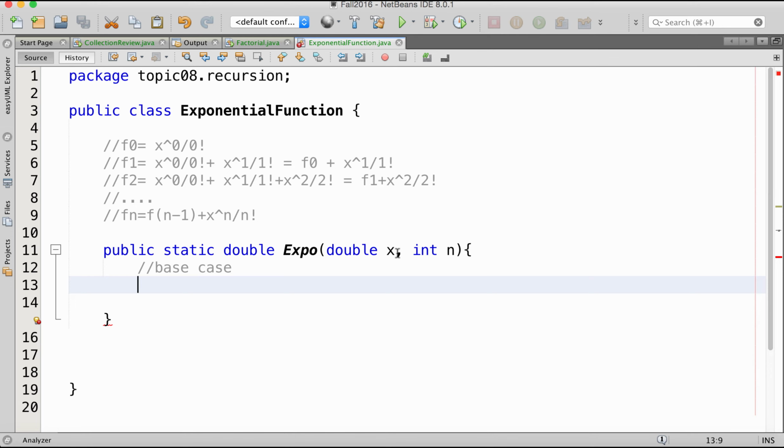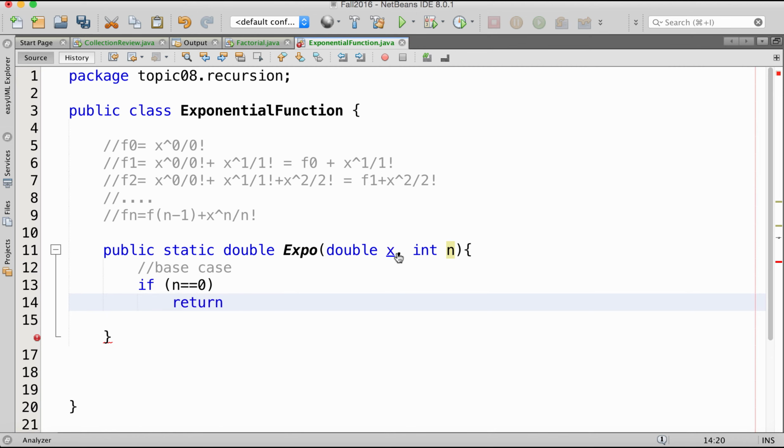If n equals 0, what to return? Return 1, right? Because x^0 is 1 and 0 factorial is 1. So this is the base case and we are done.